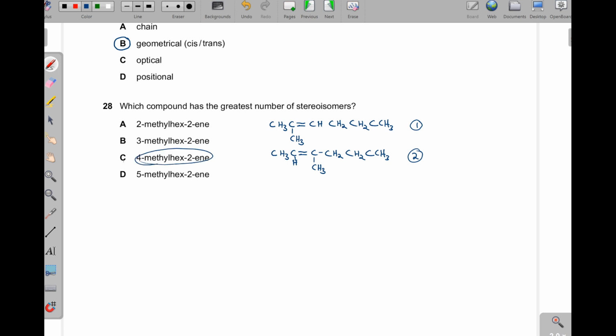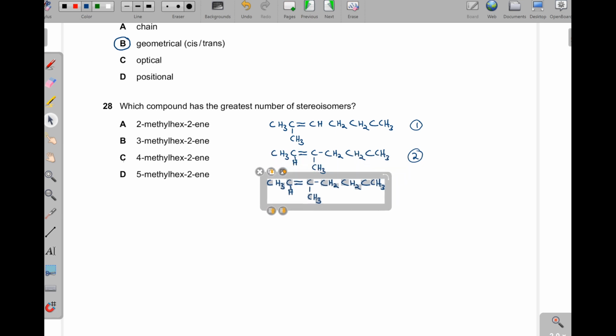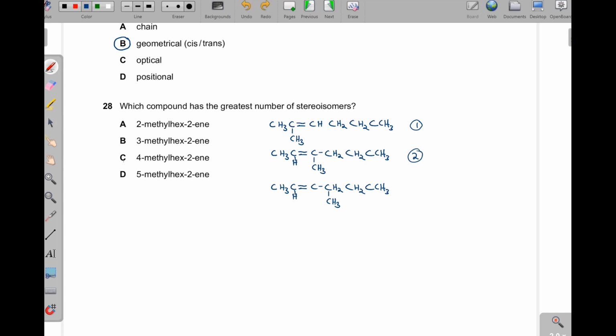Then let's go to this one here, 4-methyl hex-2-ene. I'll just get this one, duplicate it. Then take away the methyl from here, put it on this one here. Because we are reorganizing this, I'm going to take away this, then put 1 hydrogen. Remember, I've taken away 1 hydrogen from here, then it has to go to this carbon here.